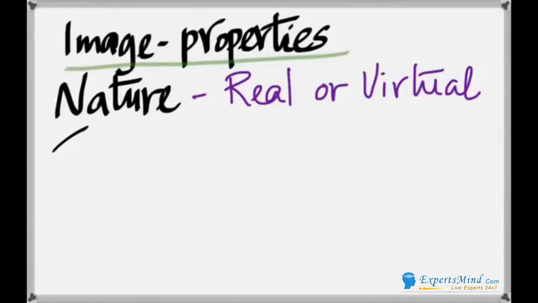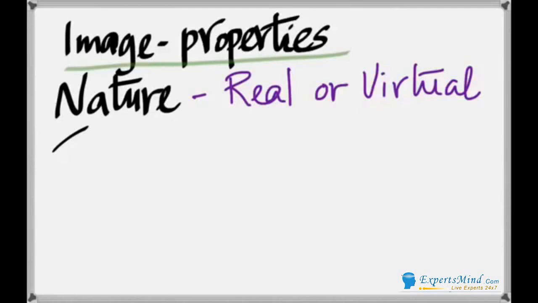Can you do that with the image that you see in the plane mirror? You can't, which means it's a virtual image. The image formed by a plane mirror is a virtual image because it cannot be produced on a screen. So this is the basic difference. If you can project an image on a screen, it's a real image. If you think there is an image, but you cannot project it, then it's a virtual image.